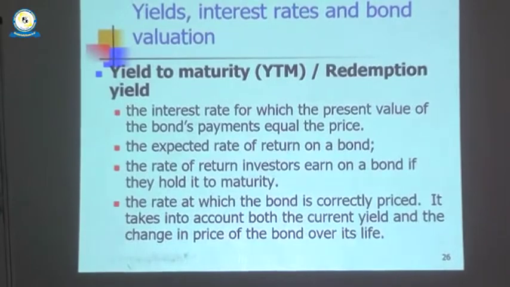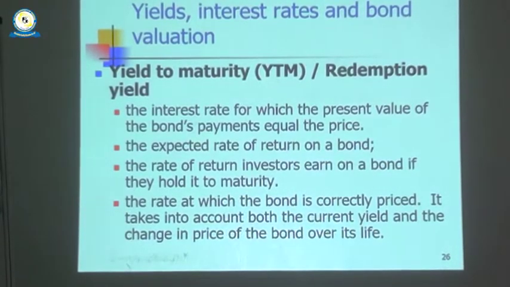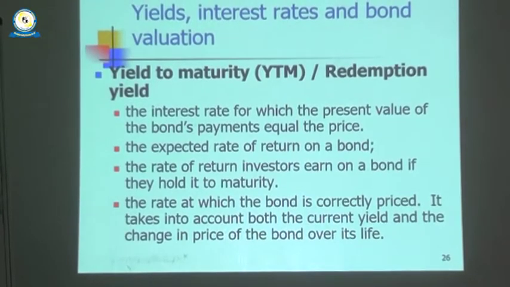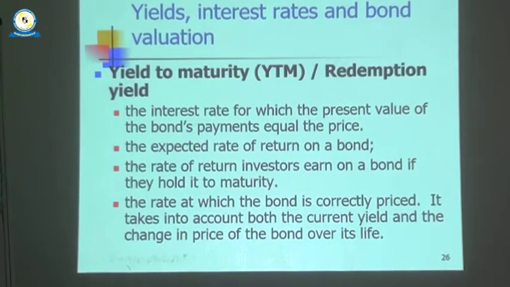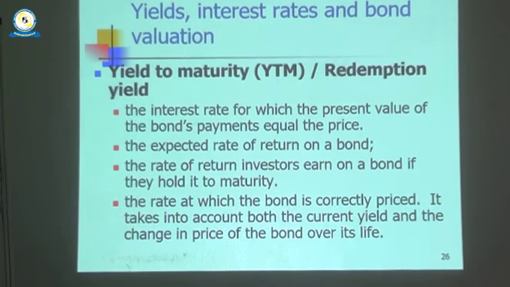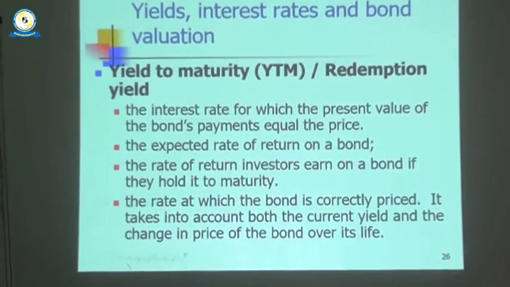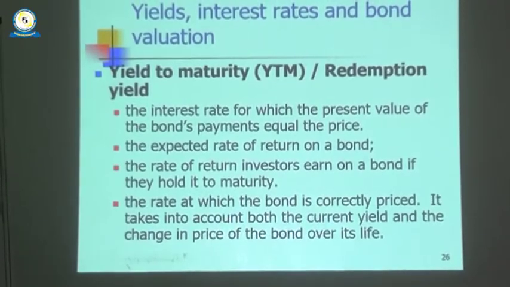So the rate which will make the present value of the bond equal the price is what we call yield to maturity, or redemption yield.